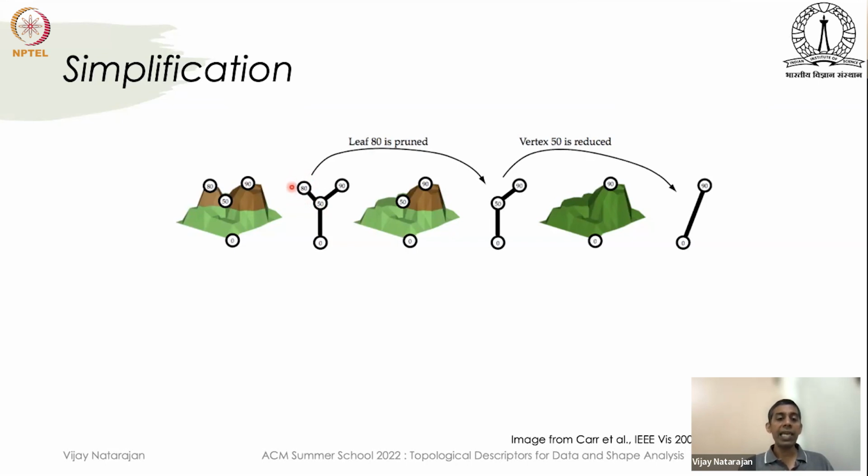But what does this correspond to? If I begin with leaves, such as 80, and prune them by removing the node and the arc connected to 80, then essentially I am knocking out one of the mountains. In the earlier terminology, it was a cylinder, a collection of level sets that started from 50 and went all the way up to 80.